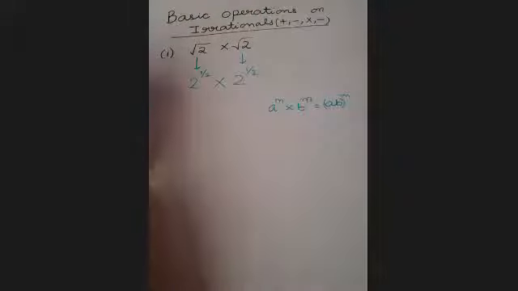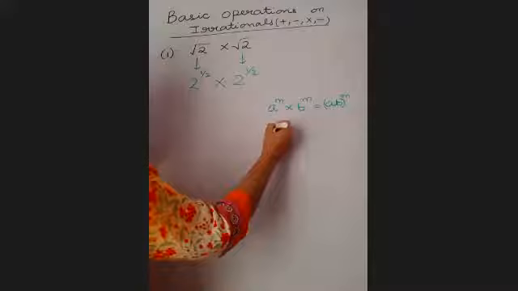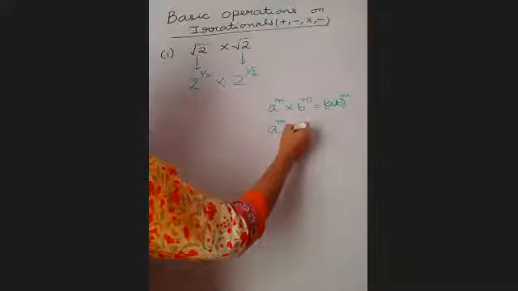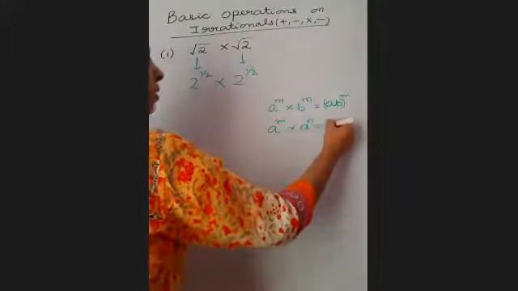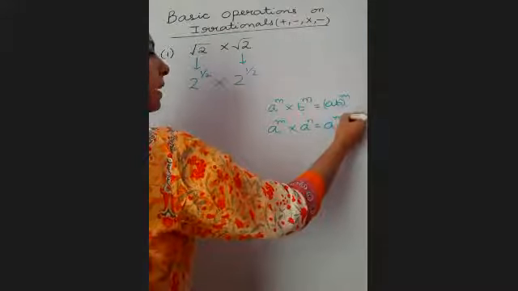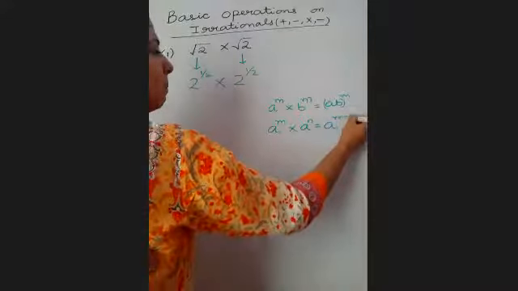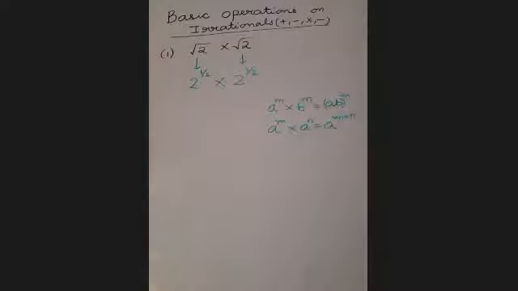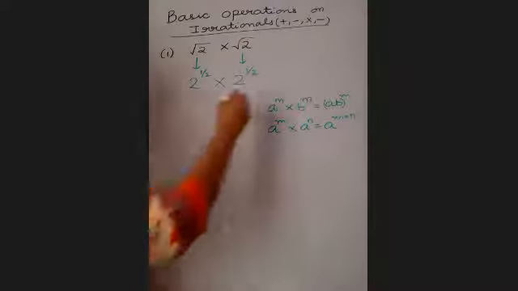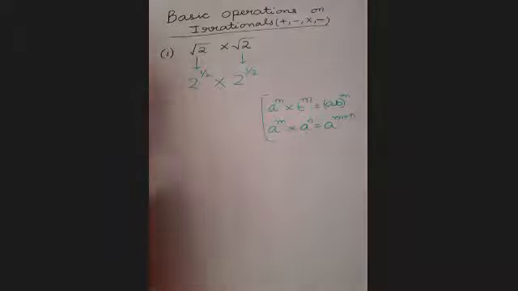Yes, ma'am. And when you have a raised to the power m into a raised to the power n, what does it become? A raised to the power m plus n. Here, in this case, both the laws are applicable.